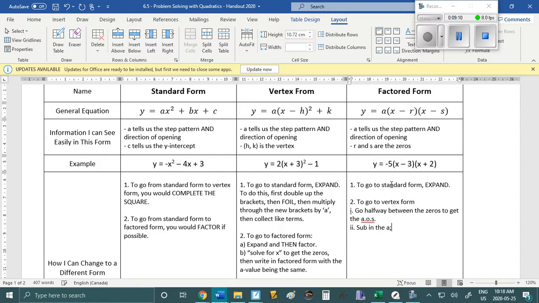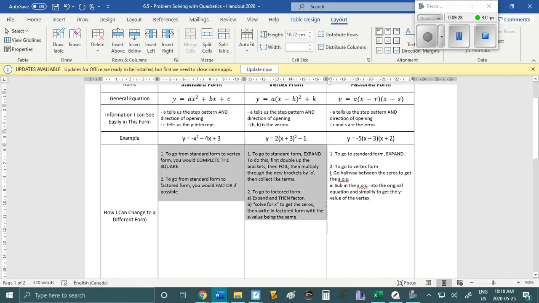Sub in the axis of symmetry to the original equation, and simplify to get the y value of the vertex. Cool. I think that will do it for all those things.